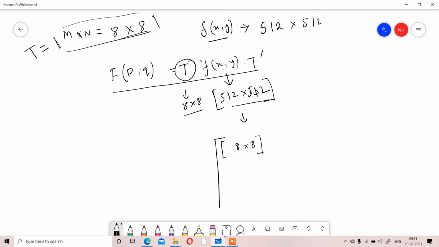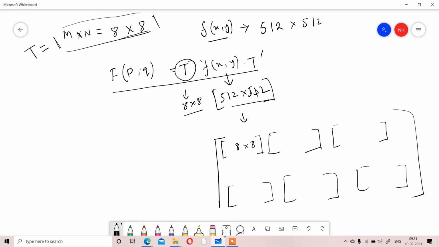Again we consider the next 8 cross 8 matrix like that, and we represent the 512 by 512 matrix by a set of 8 cross 8 matrices.